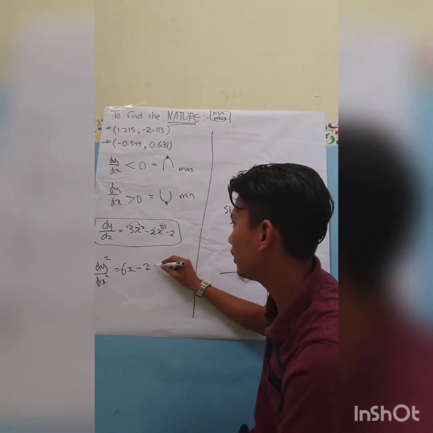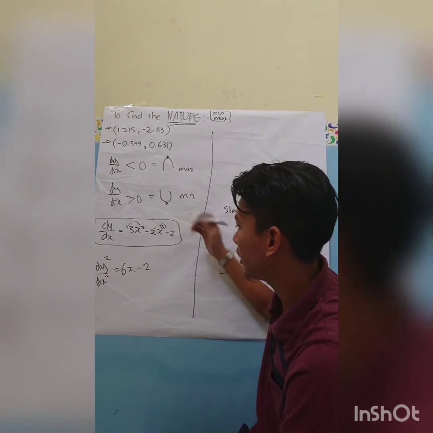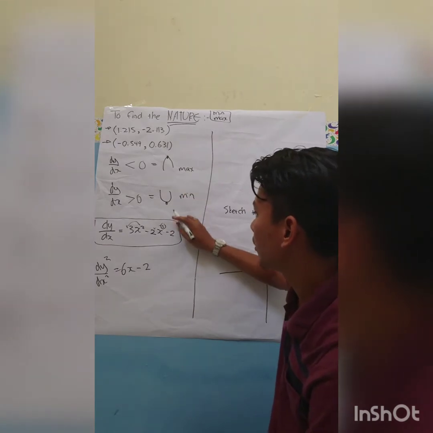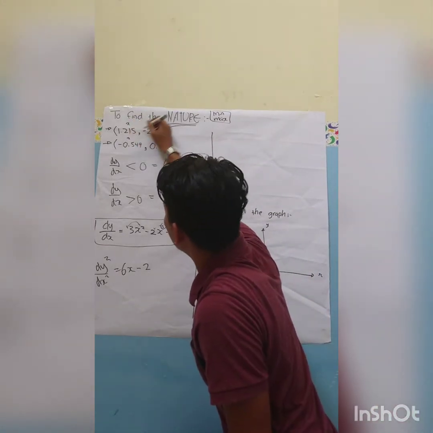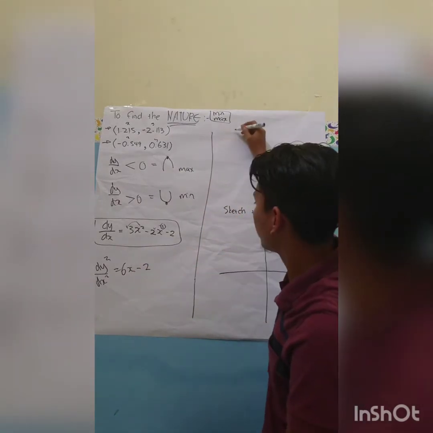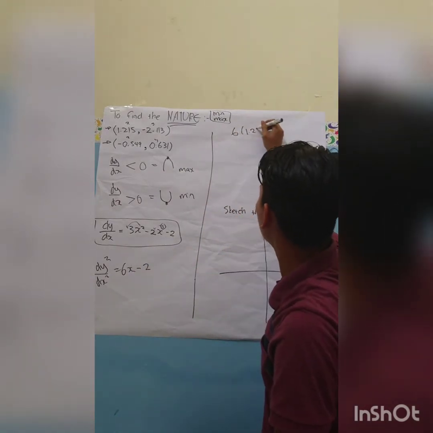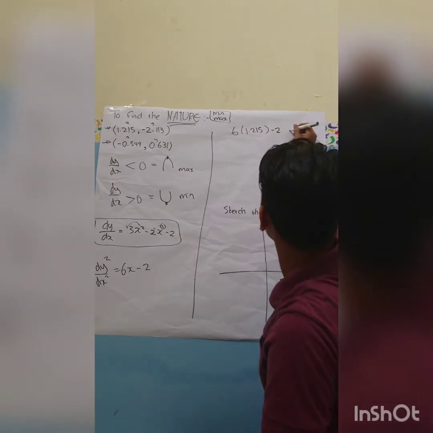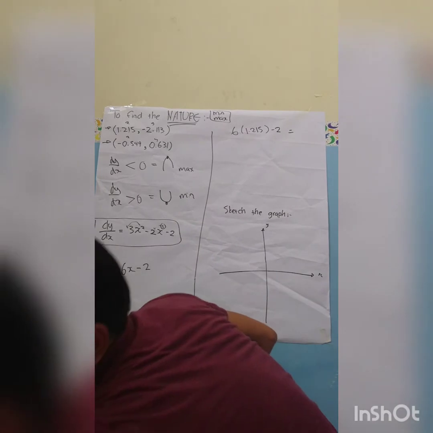No need to write the x, since here there is no x. Now to find the minimum and maximum point, we must take the x here, 6 times 1.215 minus 2, and do the calculation.